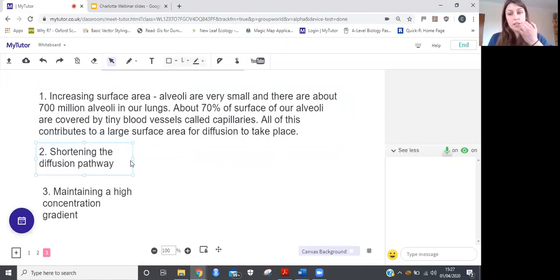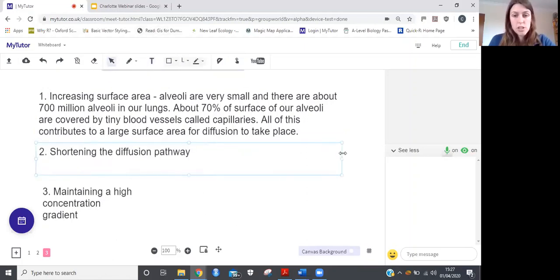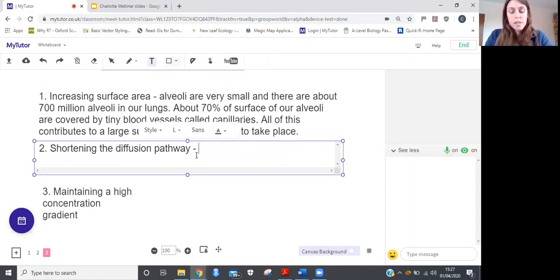So the second way that alveoli help to increase the rate of diffusion in the lungs is by keeping a short diffusion pathway. So the walls of both alveoli and capillaries, those blood vessels that we talked about, are only one cell thick.